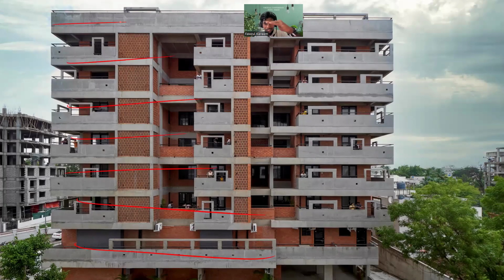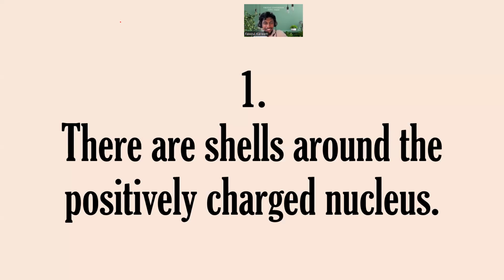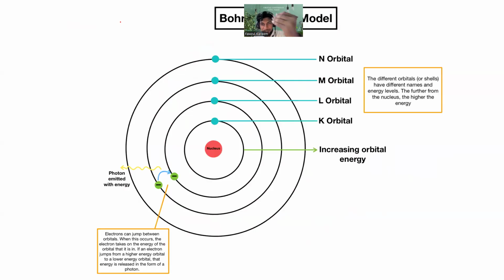We have layers there, right? Same like that, Niels Bohr said that the shells are there around the nucleus. Here you can see we have the nucleus at the center and they have the shells.